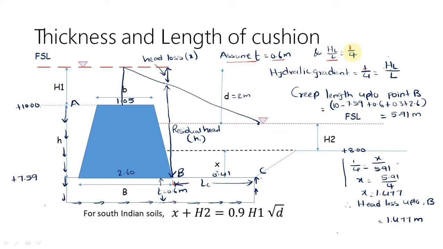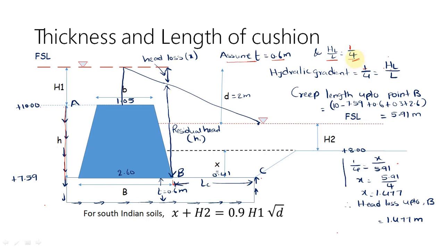It means for every 4 meters of creep length, there is a fall of 1 meter, meaning 1 meter head will be lost. So assume 1 by 4.